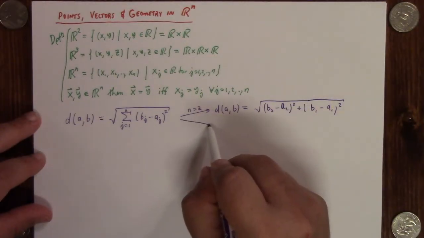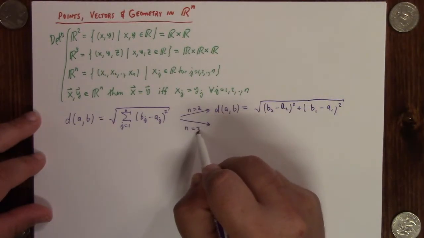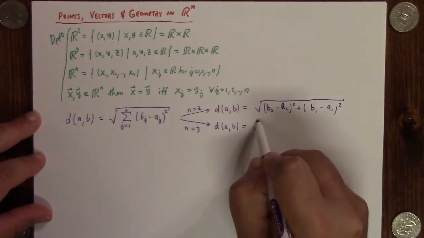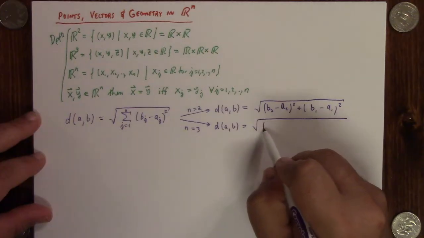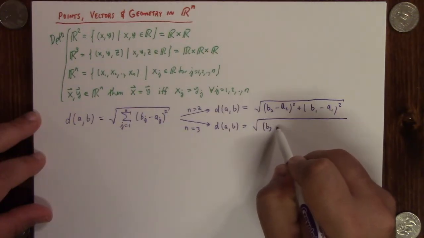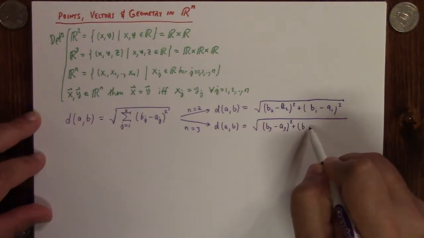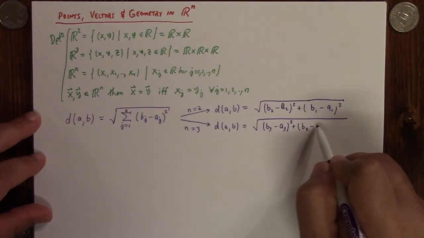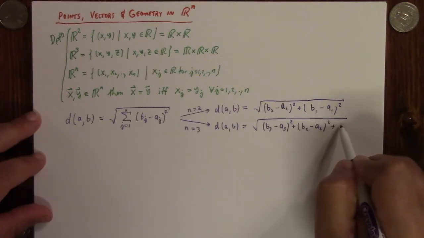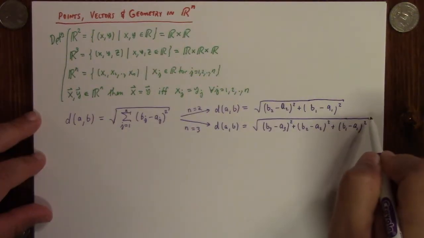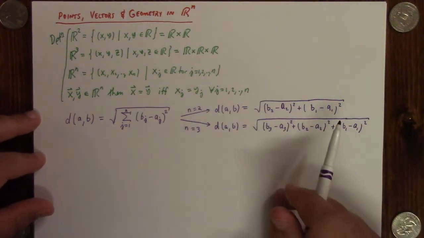And likewise, for n equals 3, the distance between 2 points in 3 dimensions, we take the sum of the squares of the differences between the likewise components. So it's just like the 2D formula, but there's one more term for the z, if you like. Alright, so those are our formulas for distance in 2 and 3 dimensions, and also for n dimensions.